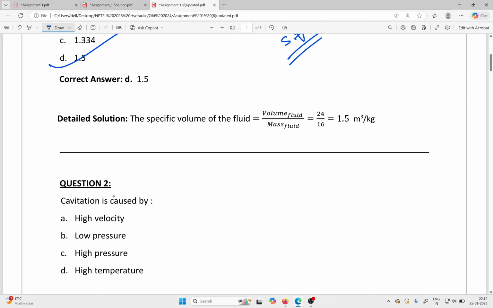The cavitation is caused by high velocity, low pressure, high temperature. Remember, please, cavitation is a phenomenon due to low pressure.